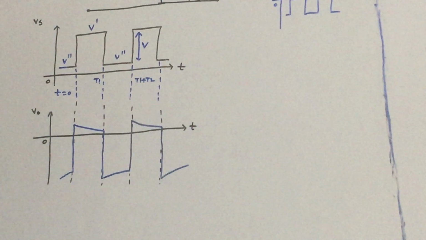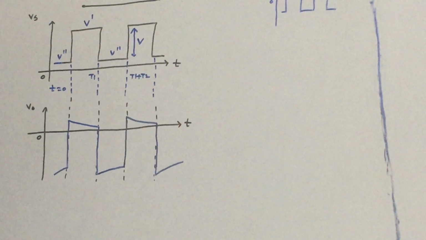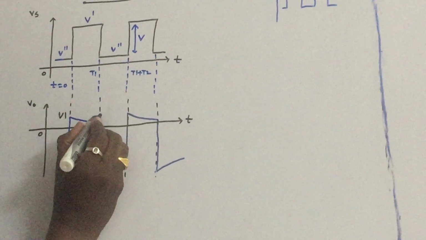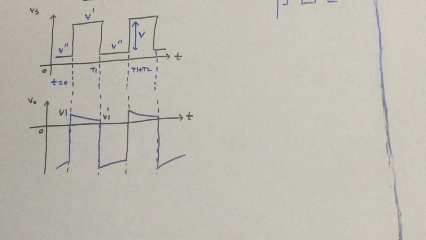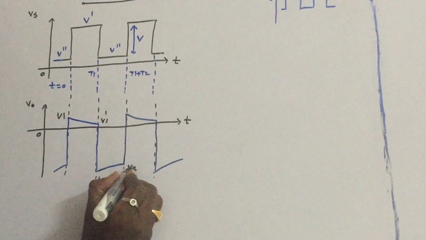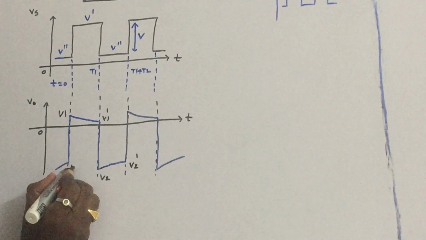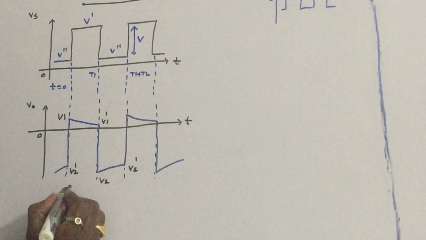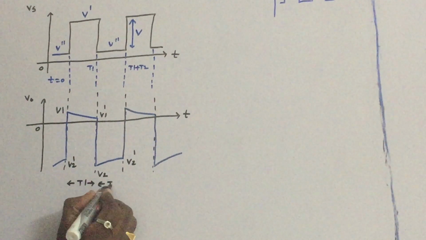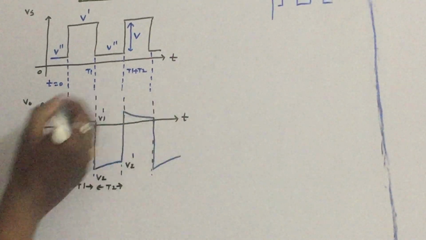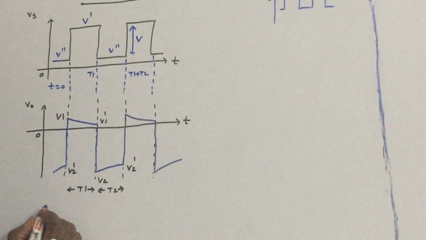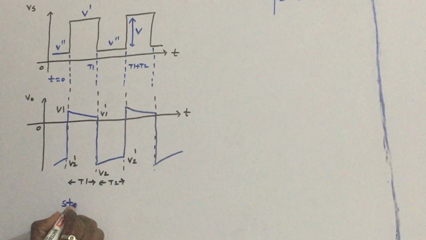Let us call this voltage V1, this voltage V2, this voltage V1 dash, and this voltage V2 dash, and this voltage is also V2 dash. This duration is T1 and this duration is T2. This kind of waveform will appear at steady state, so this waveform is called the steady state output.